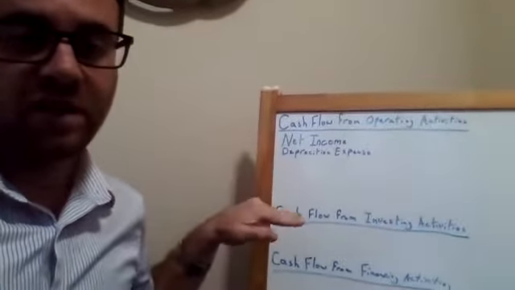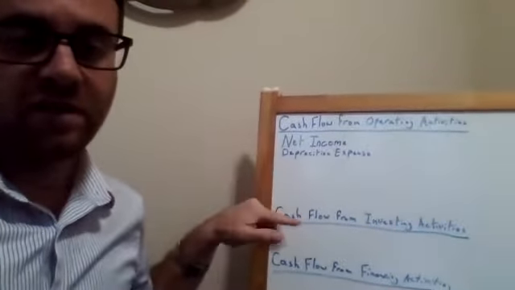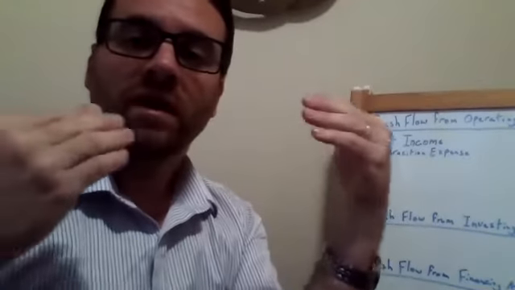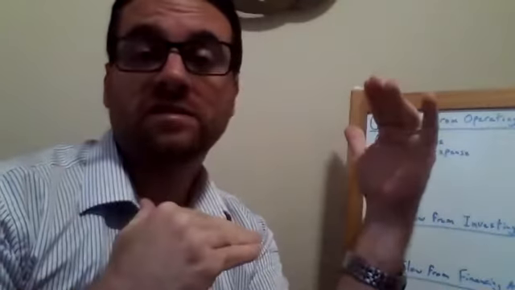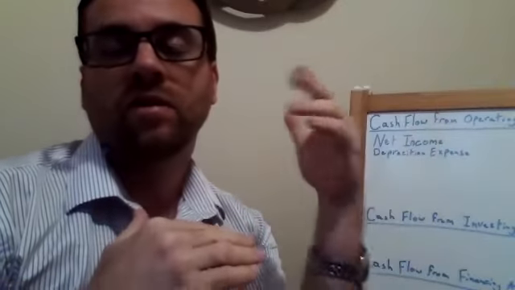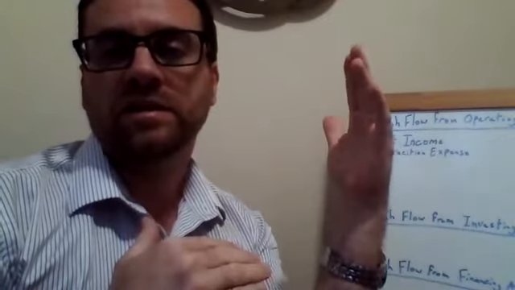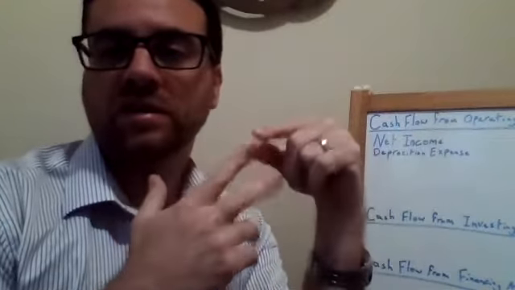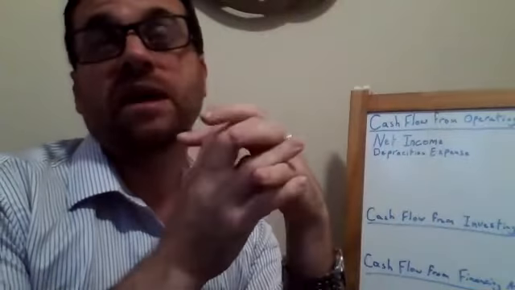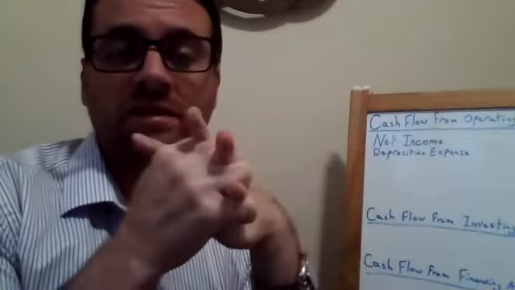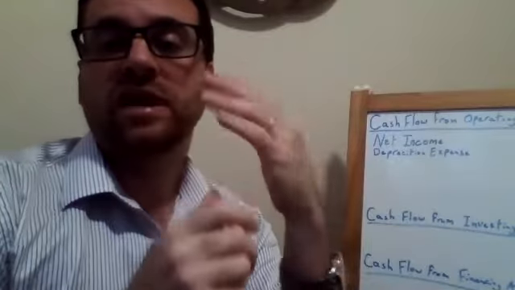Versus the investing activities, this has nothing to do with operation. This is the money we pay or receive from buying or selling fixed assets or plant assets or the intangible assets like buildings, lands, furniture, cars, the intangible assets like software and franchises and all these things.